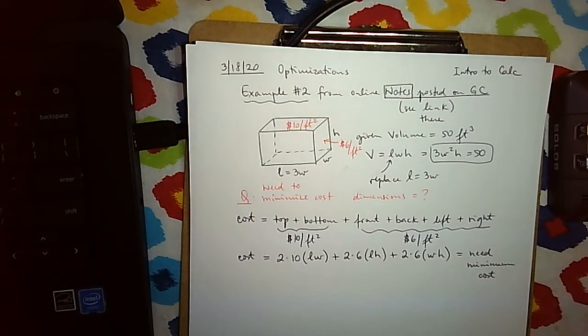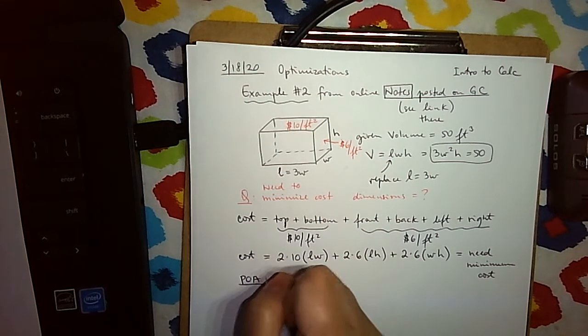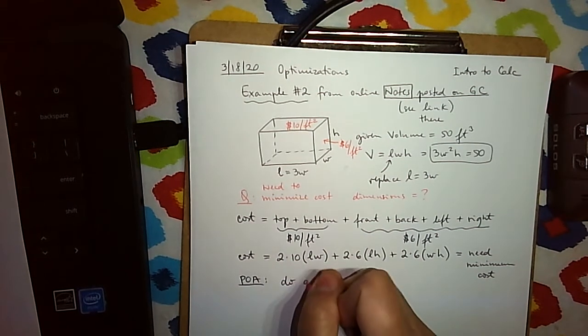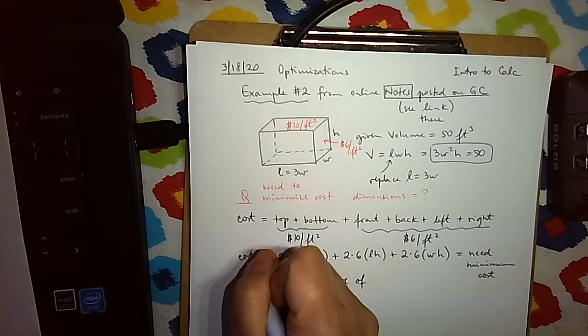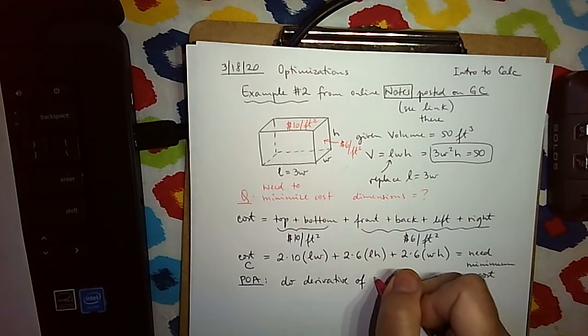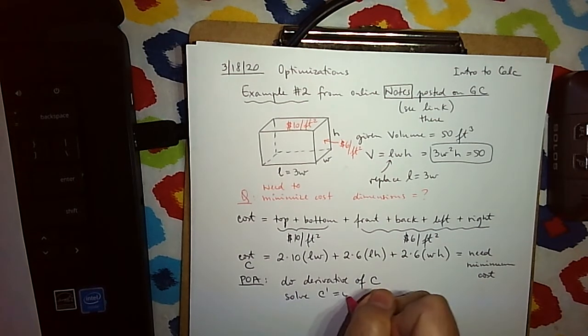Cost. All right, so let's try to figure this out to see what we do. For a plan of attack, this is what we are going to do. We are going to take the derivative of C. I'm going to call the cost C. I'm going to solve C prime equals 0.